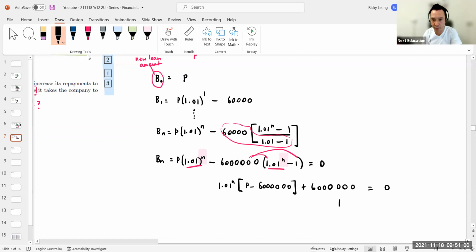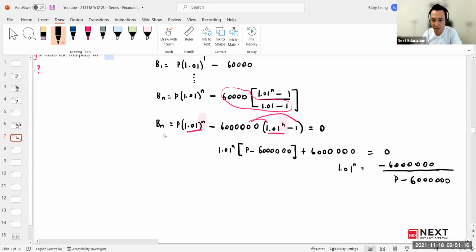So then I get 1.01 to the N equals negative 6 million over that. That's fine to be negative, because the denominator will be negative as well. And then once again, I would apply logs to this. Change your base, of course.